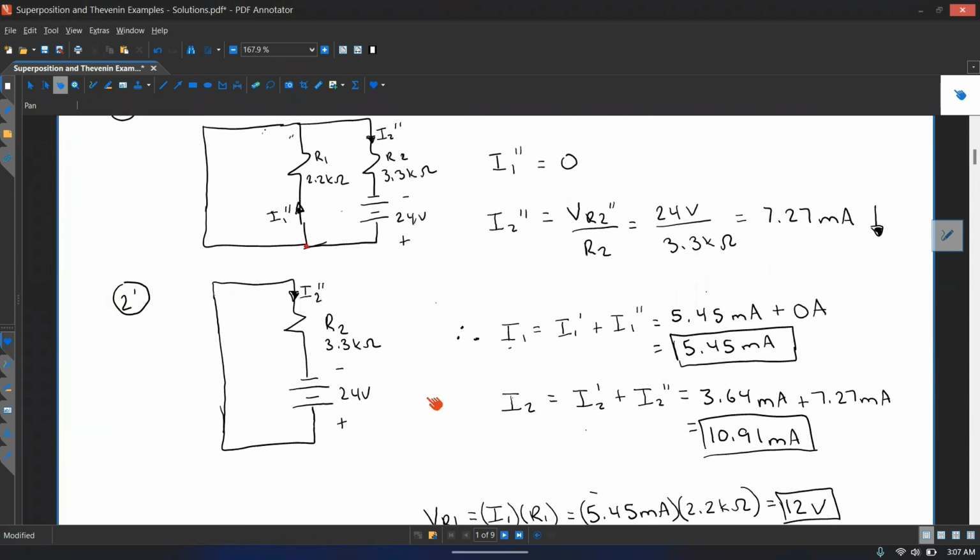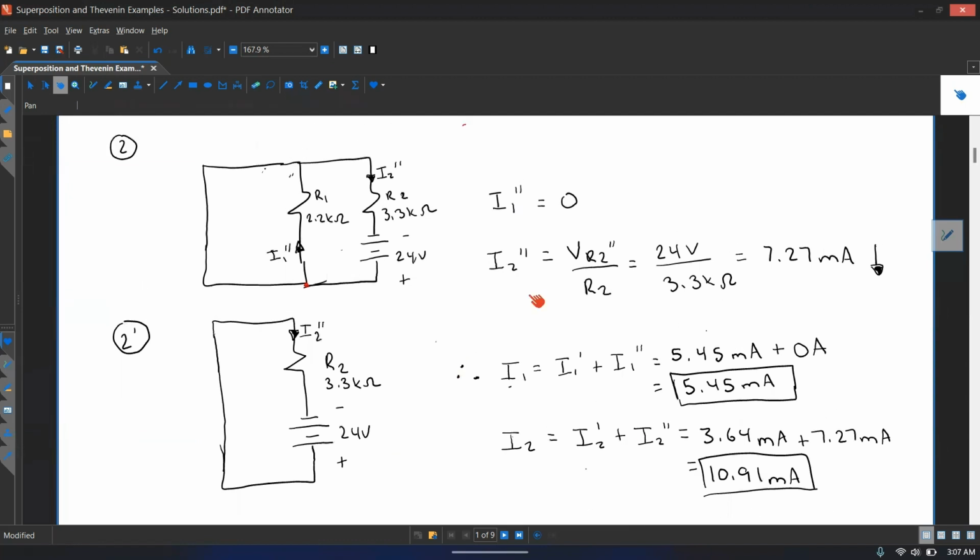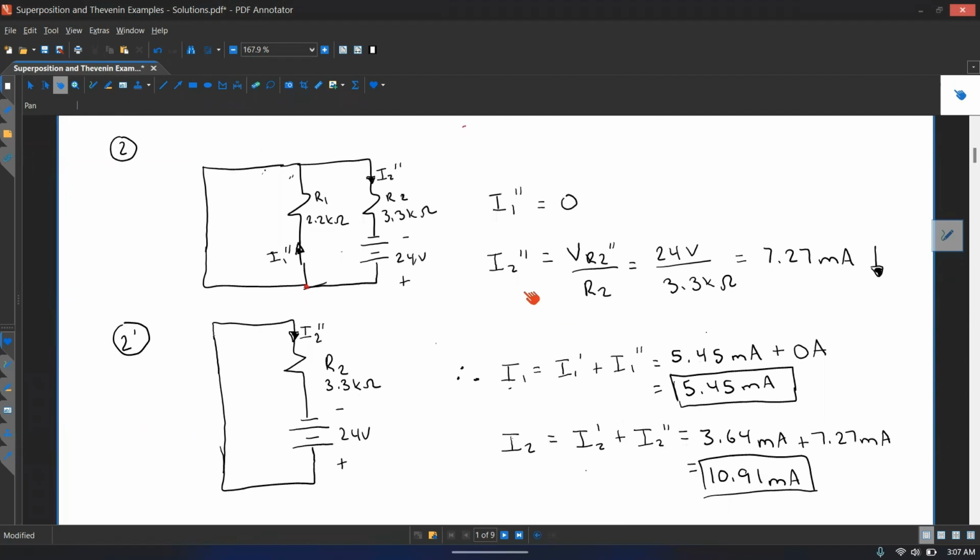All right, so for this circuit right here, it's just a simple 24 volt voltage source in parallel with a resistor. And you just do Ohm's law.